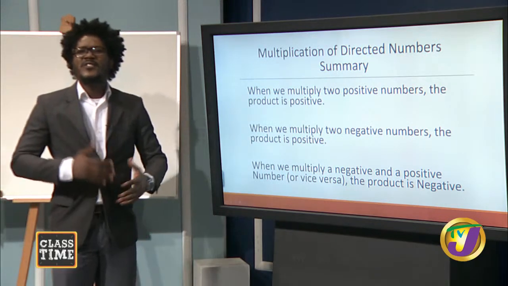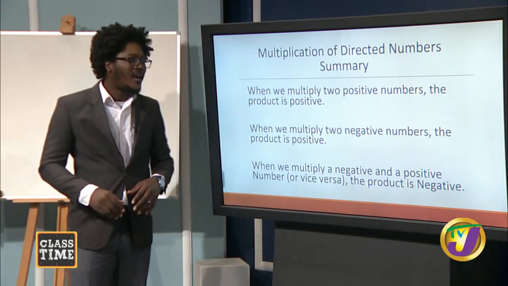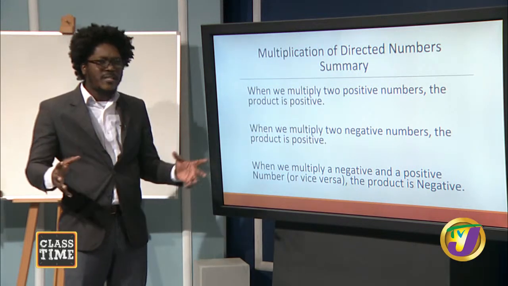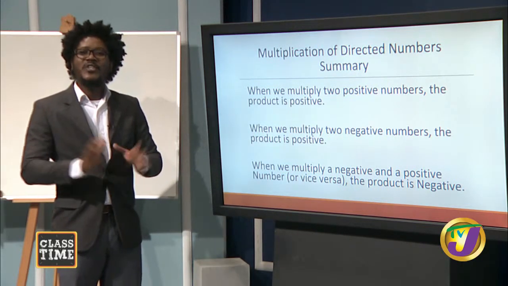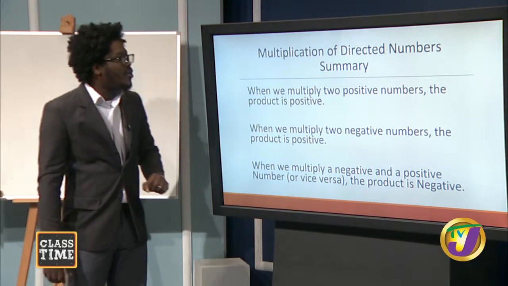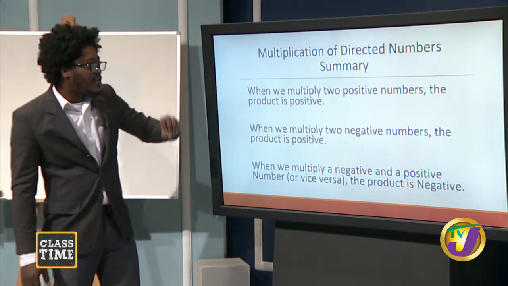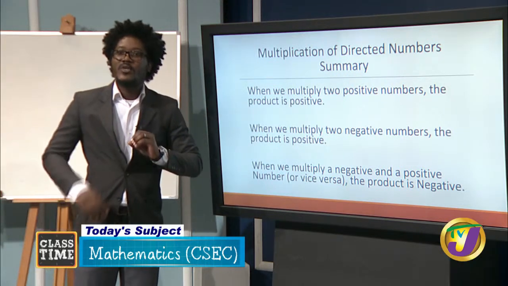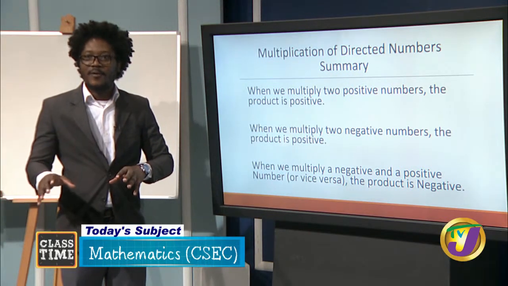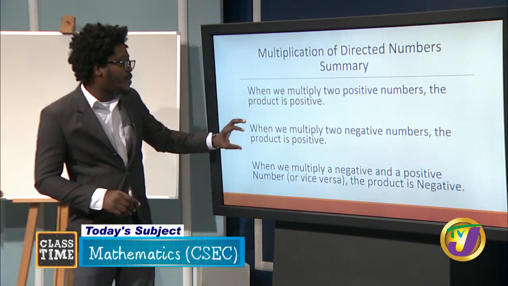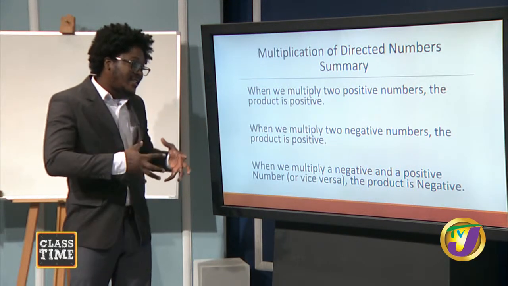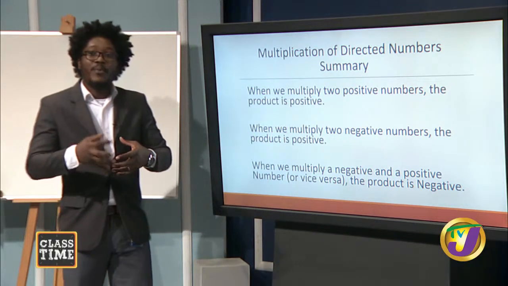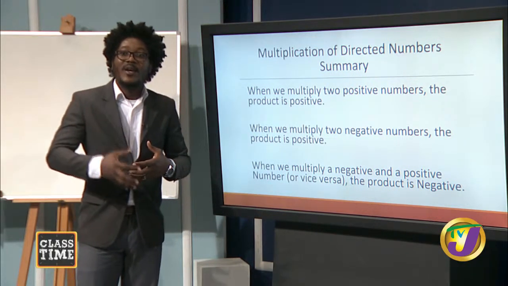All right. Now, let's just take a summary of what we did today. And I mean, today was just so cool, right? Because we did all of this in such a short space of time, and I'm pretty sure that you all got it. Now, when we multiply directed numbers, when we multiply two positive numbers, the result is positive, okay? And when we multiply two negative numbers, the product also is going to be positive.